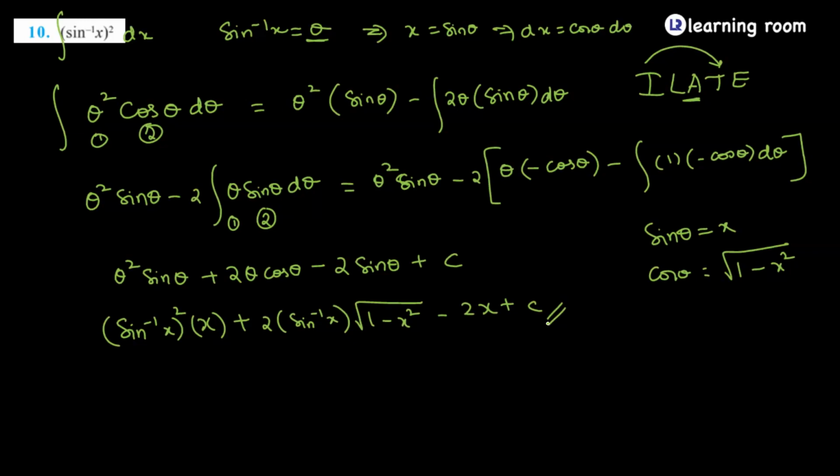How will you solve this same question in an MCQ? You cannot sit and waste this much time. So first, what should we write? Theta square into sin theta. After that, you need to change the signs.